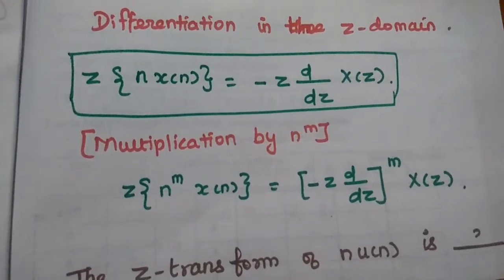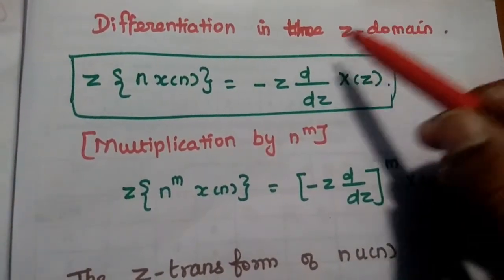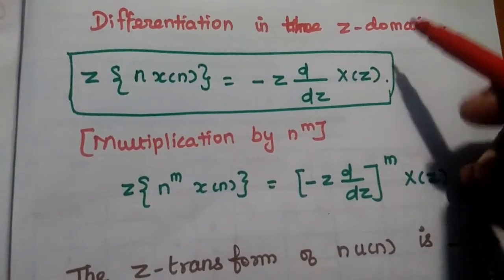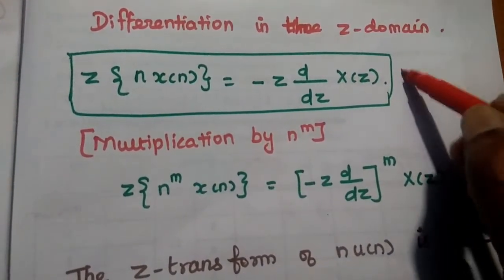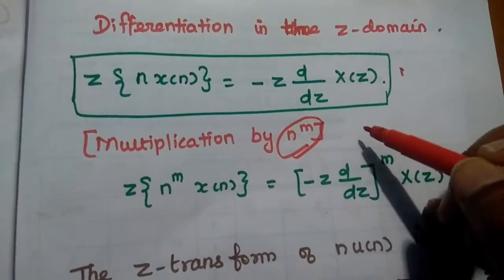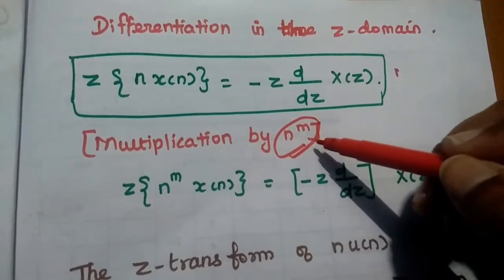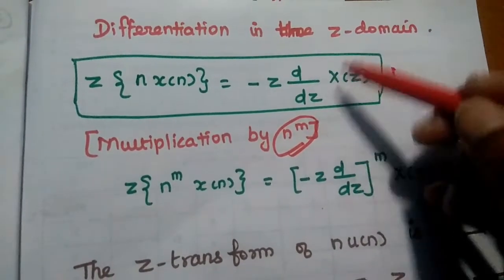Next property is differentiation in the Z domain. Here it is the differentiation in the Z domain, or we can say multiplication by n power m in the time domain. So both are same.